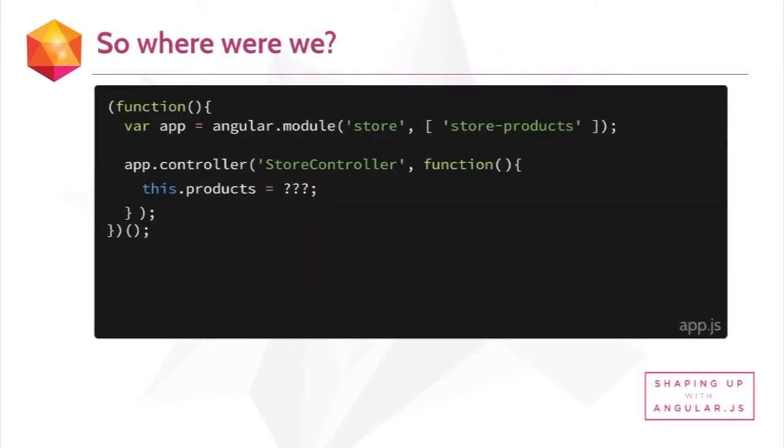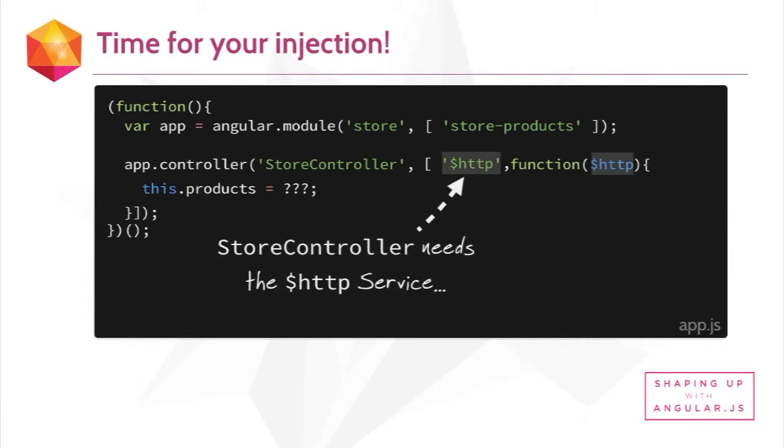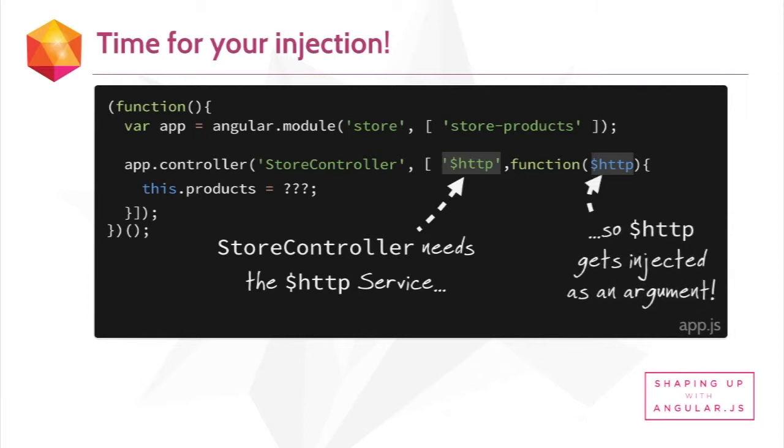So here we are back in our store controller, and we need that $http service. So we use that weird array syntax, and we specify $http there as the service it needs, and then we specify $http as an argument. Now we can use it inside our controller.